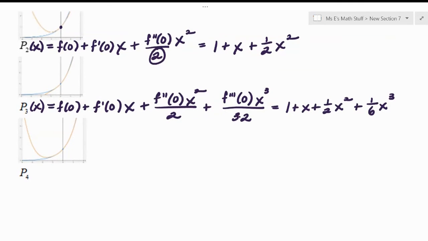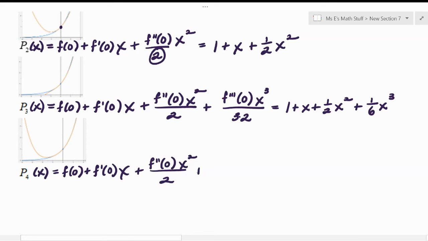And then p sub 4 of x. So this fourth degree polynomial has the y coordinate in common. Oops, I keep writing x when I mean 0. The first derivative in common, it would have the second derivative in common, it would have the third derivative in common, and we also want it to have the fourth derivative in common.